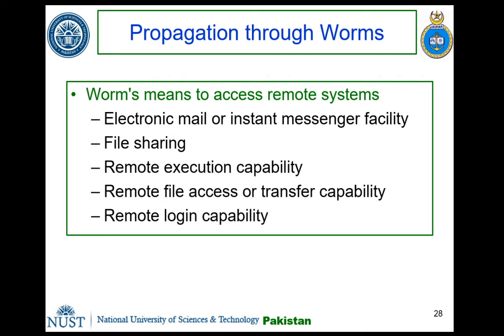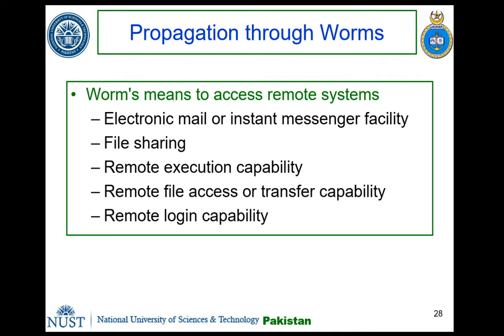In file sharing, a worm either creates a copy of itself or infects other suitable files as a virus on removable media such as a USB drive. It then executes when the drive is connected to another system using the auto-run mechanism by exploiting some software vulnerability, or when a user opens the infected file on the target system.